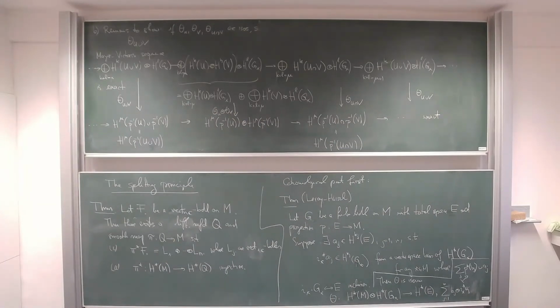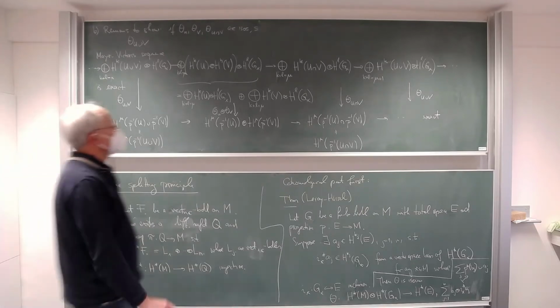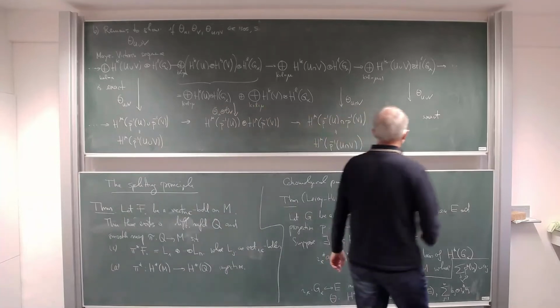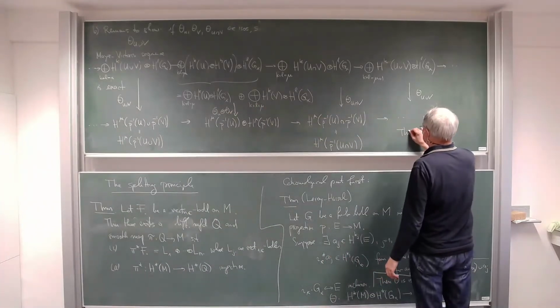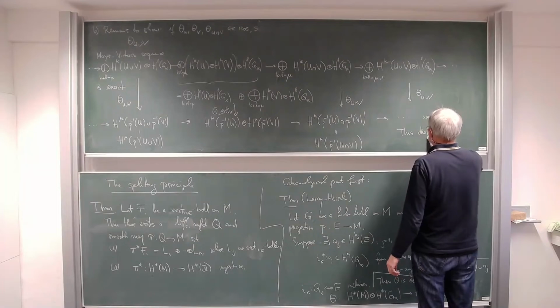Okay, so we have this big diagram. So we have these two long exact sequences as rows, and we have all these theta maps mapping them. And now I claim that this is a commutative diagram. So this diagram commutes.